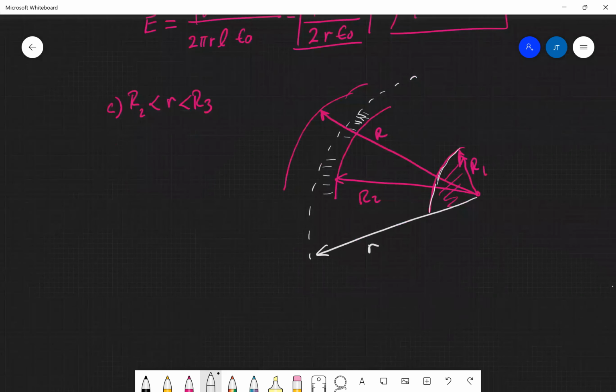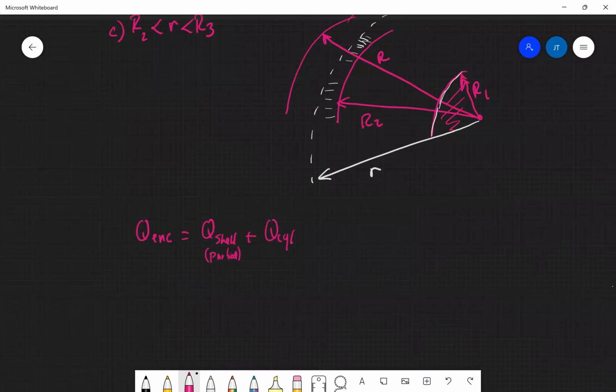So basically, Q enclosed is Q in the shell, the only part in the shell that's enclosed, not the whole shell, plus the Q in the cylinder. Well, we already know what the Q of the cylinder is. This one is rho 0 pi R1 squared times L.